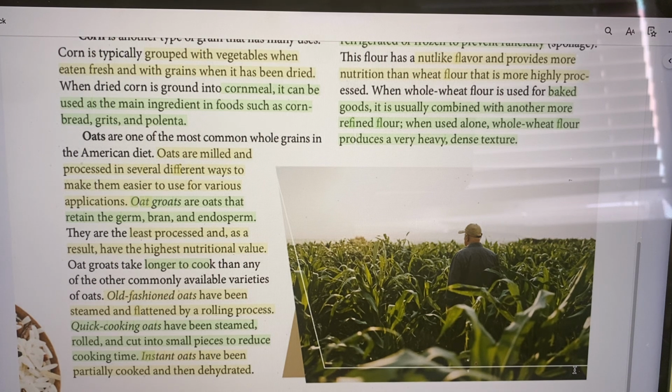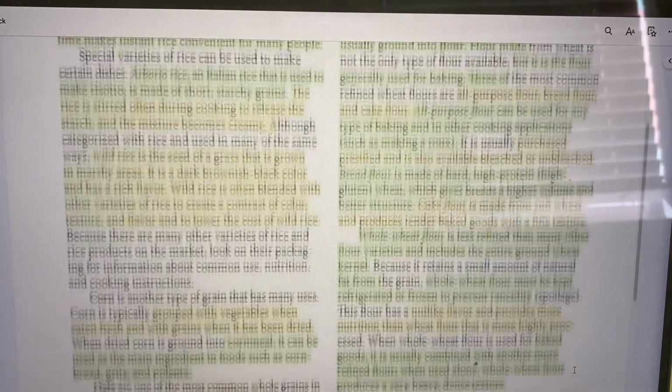Instant oats have been partially cooked and then dehydrated, so they're already partly cooked, so they take less time. So you think of oat groats, old-fashioned oats, quick cooking oats, and instant oats.